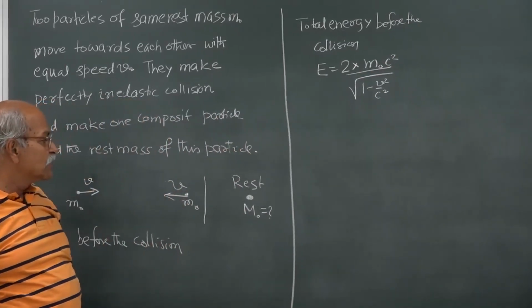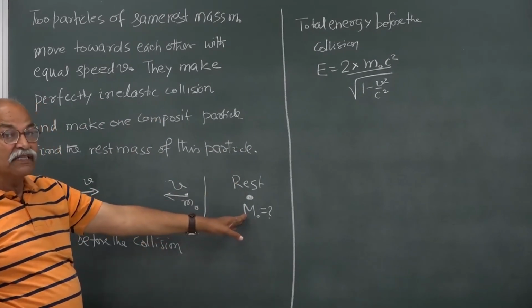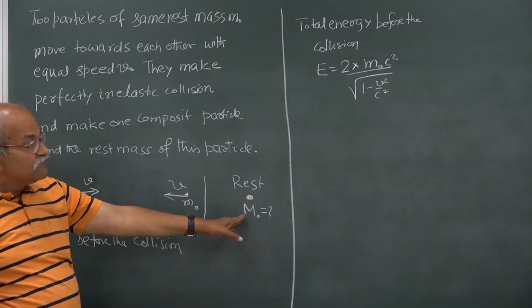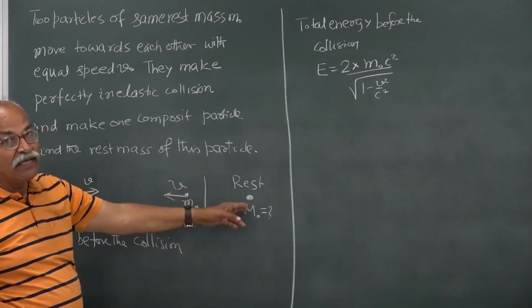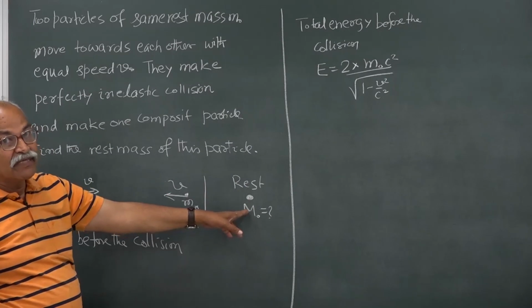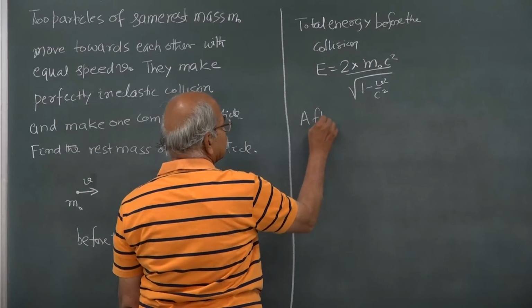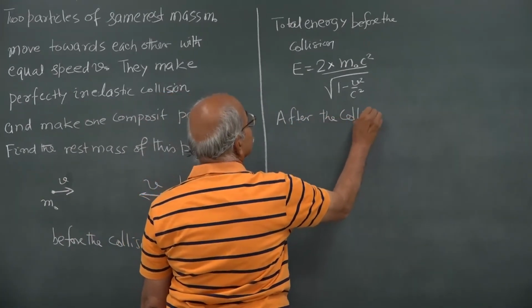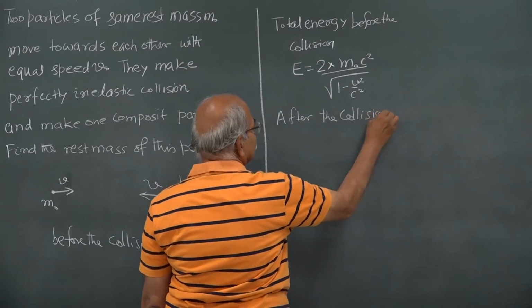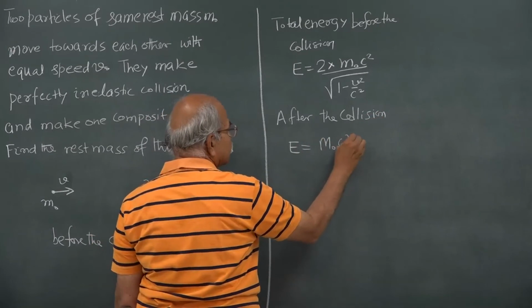And after the collision, what happens? After the collision, you have a particle of rest mass capital M naught, which is at rest. Hence, the total energy is the same as the rest mass energy, capital M naught c square.